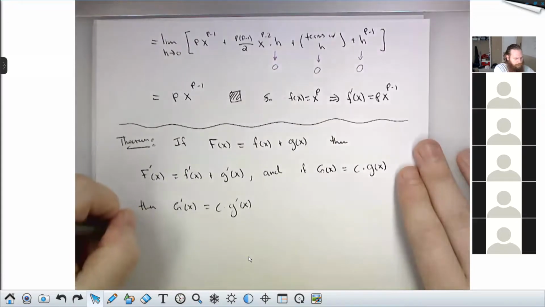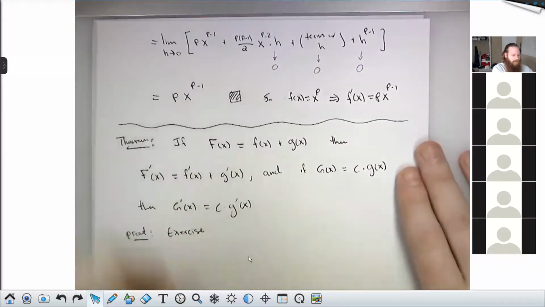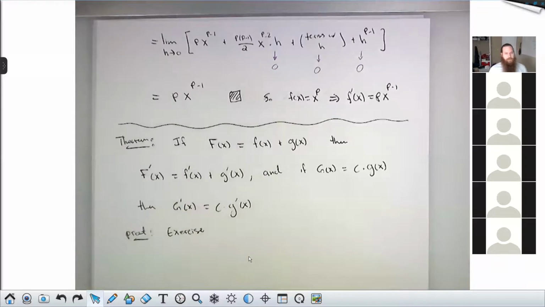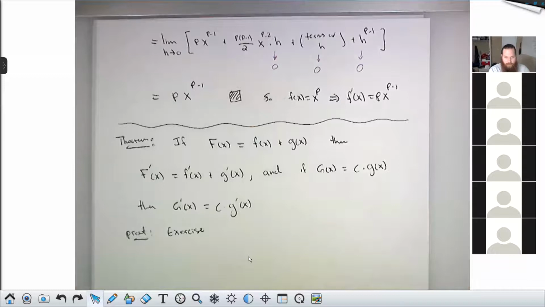The proof here, maybe I'll hold off on. The proof here is not hard. We'll say it's an exercise. You can read it in the textbook. It's not a hard proof, but I want to work examples. I think that's how you guys will understand this stuff best.